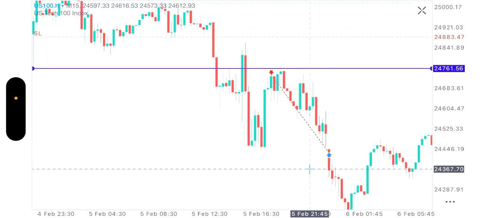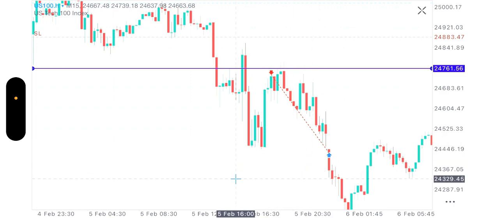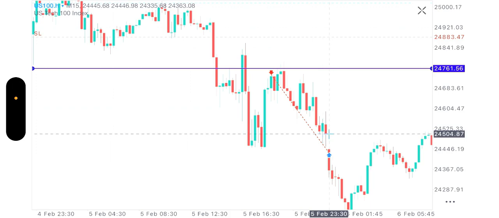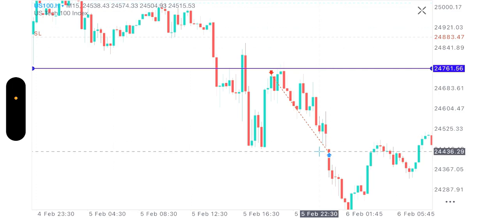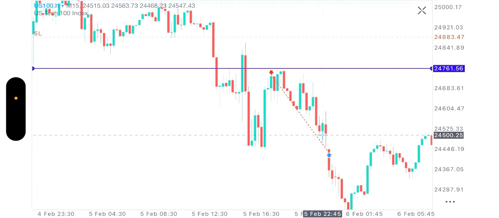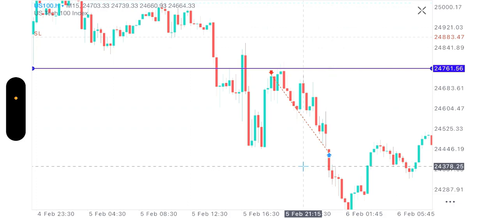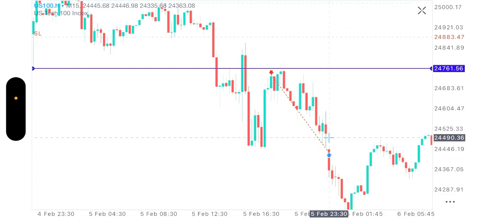Initially my take profit level should be 24367.05, but because price closed on Monday here, at 24506.85, which is where price closed on Monday and then price opened on Tuesday, I didn't want to wait that long on Tuesday, because look at this gap.